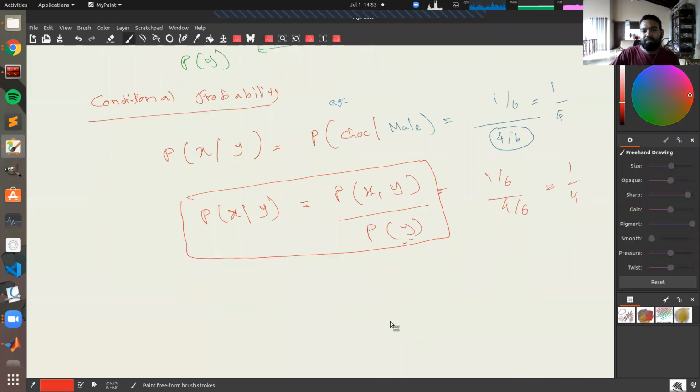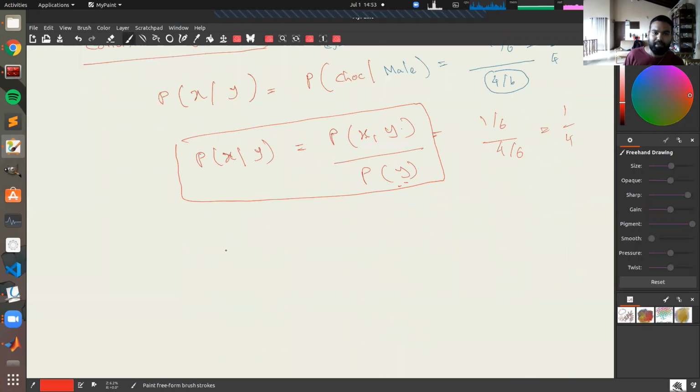There's another equation for conditional probability that we can derive from this. P of x,y is the same as P of y,x.